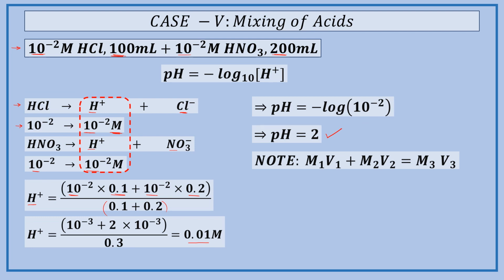It is M1 times V1 plus M2 times V2 equals M3 times V3, where this M3 is the H plus ion concentration in the mixture. We will transpose V3 to the left hand side, and hence it is the dividing factor in this equation.